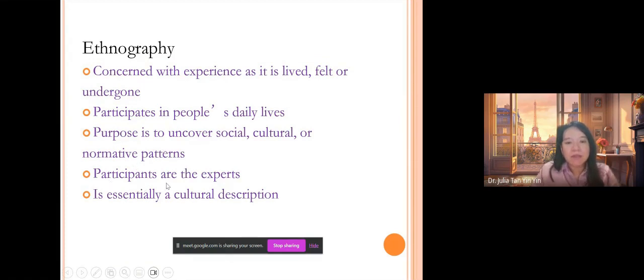So participants are the experts. Participants are, let's say, the villagers, the students, or the consumers in, let's say, Malaysia. They are the experts in this research, because we need to ask their opinions. Their opinions are important to our study. And it is a cultural description.